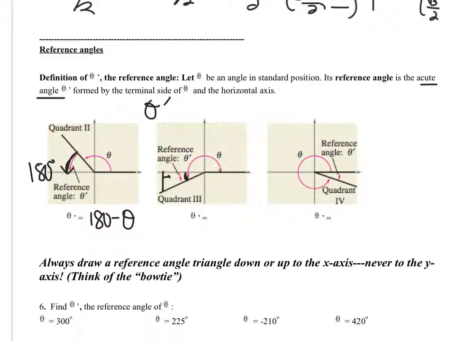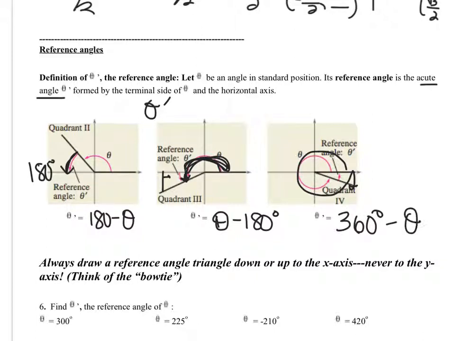Well, it's going to be the entire angle theta minus 180 degrees, just to give you that little piece. And in this quadrant, it's going to be 360 take away theta. And that's how you do it for all the quadrants.